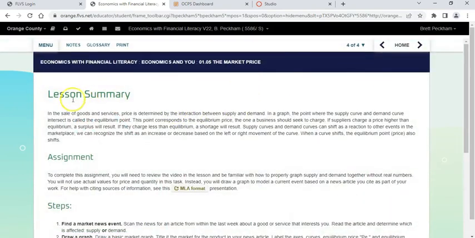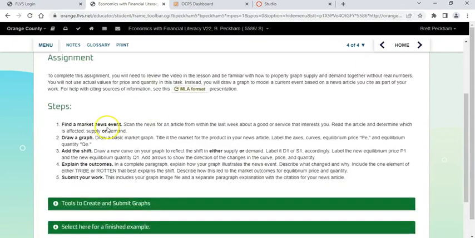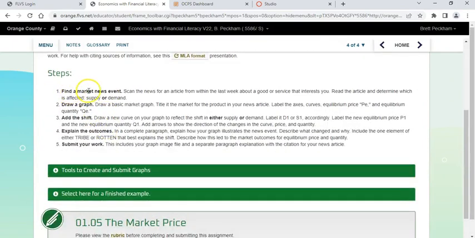On this last page, it actually gives us the directions. What we'll need to do for this assignment is find an event that deals with prices in the newspaper. You can go on to Google, you can look up any major news source. It has to be a reputable news source.